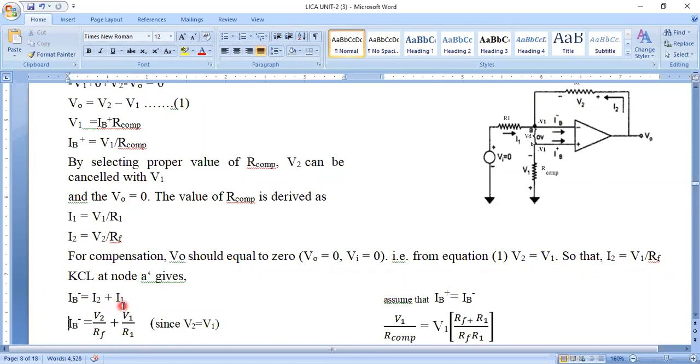Substituting the values of I1 and I2, IB is equal to V2 divided by RF, plus V1 divided by R1.